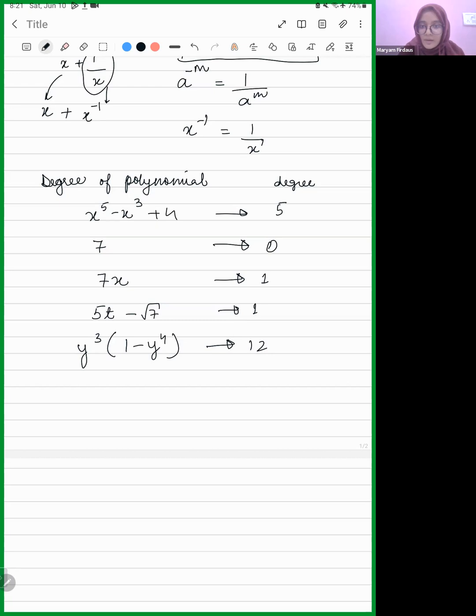Okay, is this a polynomial or not? Yes, ma'am, it is. What is the degree of this polynomial? 3. Okay.